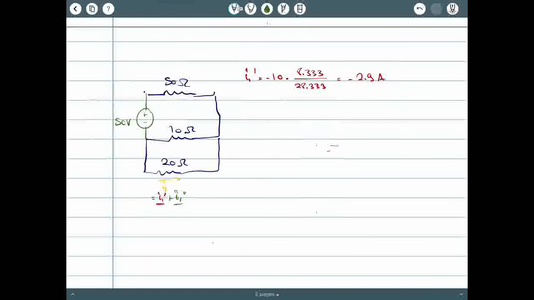The current caused by this one is a current divider rule once again, but we need to find the equivalent resistance of all of them, and then use the current divider rule or use mesh equations. I'm gonna go with the divider rule. You know how to use the other ones. I'm just gonna find that fast.